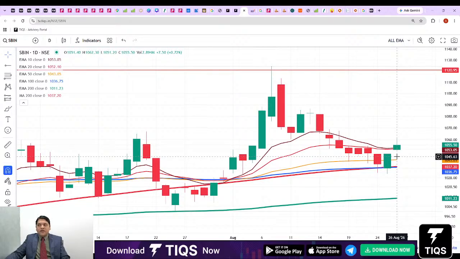Still, the structure is not that good that we can take a trade or buy it. Plus it is not in such a state that it will support Nifty or Bank Nifty much, because this is the 6th largest. In the top 5 only ICICI is supporting, and this one has the 6th weightage. Right now it is up by 0.71%. It is contributing towards Nifty but not that much.